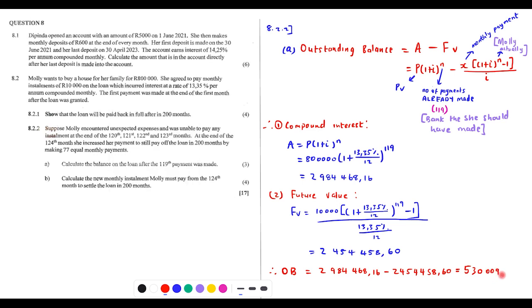Alright, so now that is basically how we can find the outstanding balance.